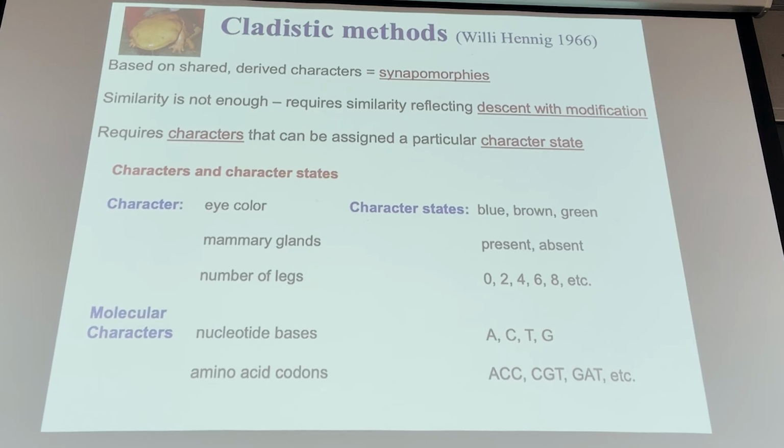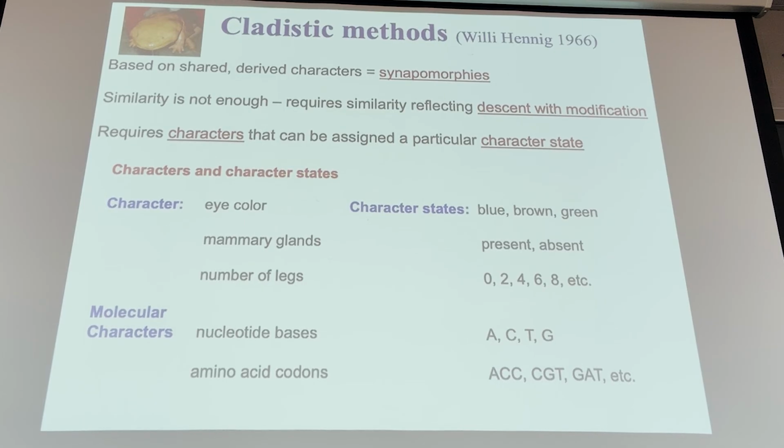But the problem with that, that's great because we think about similarities, but the similarity is not enough for cladistics. We need to have it reflecting descent by modification. We've got to be able to trace them back to a common ancestor. So not only do you need to gather characters that separate our groups, but we need to know what the ancestral characters are.